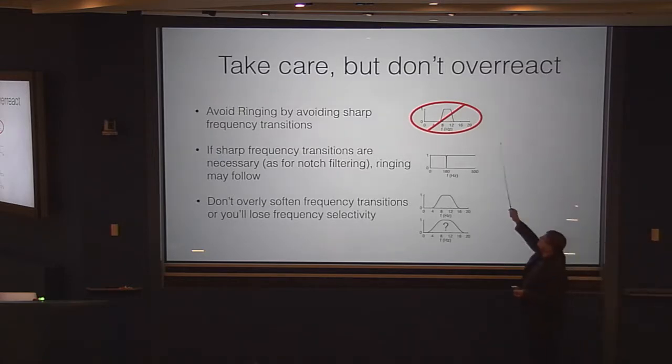So this is an example of compromises. You want to avoid sharp frequency transitions when you can. If you can't, then go ahead and use them, but be aware that you could get ringing from them. And at the same time, don't go all the other way. Don't say, OK, I'm only going to use really soft transitions. Because let's say you're interested in alpha activity.